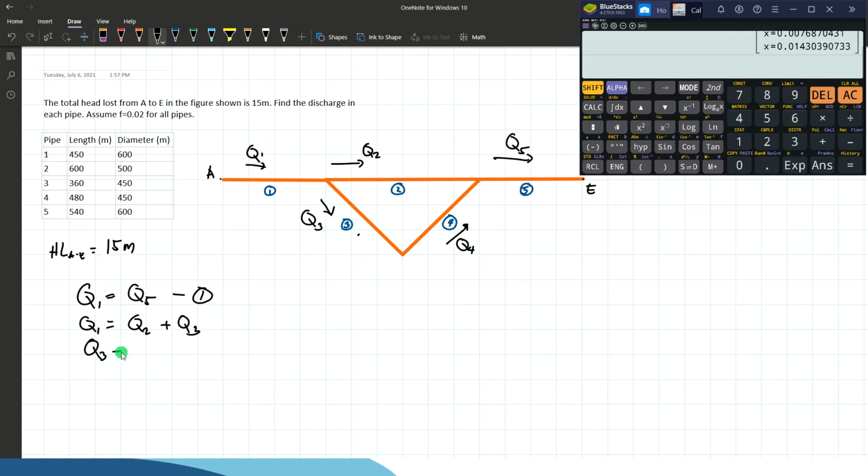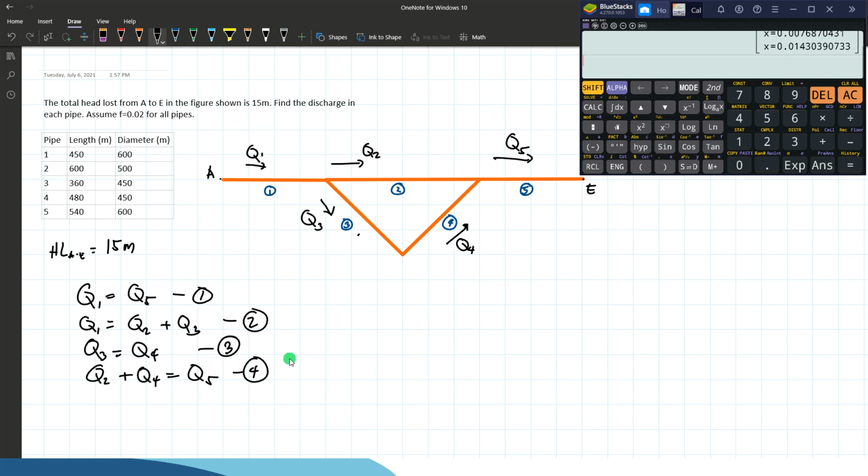So Q3 is equal to Q4. So we're now okay on the discharge distribution equations. We can also make an equation using Q2, Q4 is equal to discharge at pipe number 5. You can also make an equation. Okay, so these are your equations using discharge.